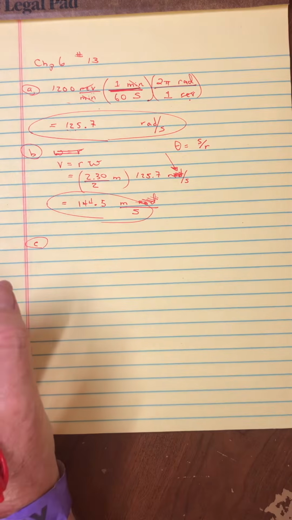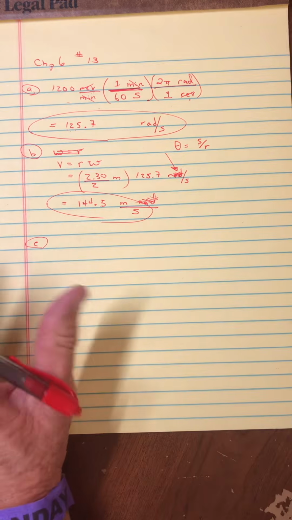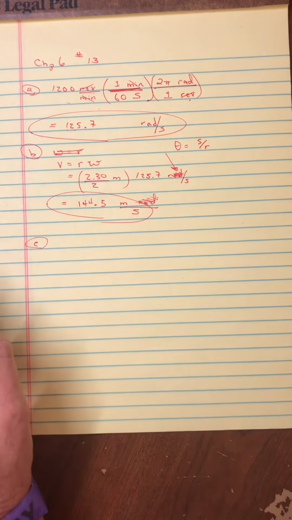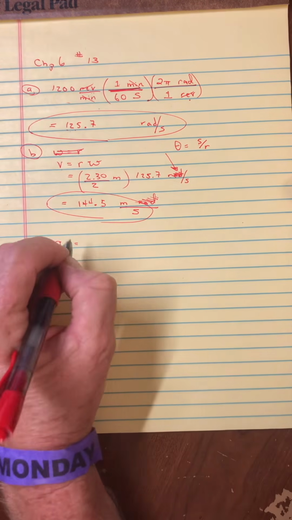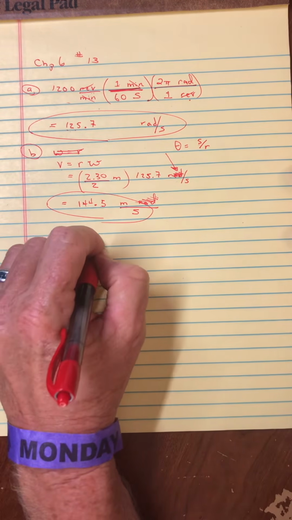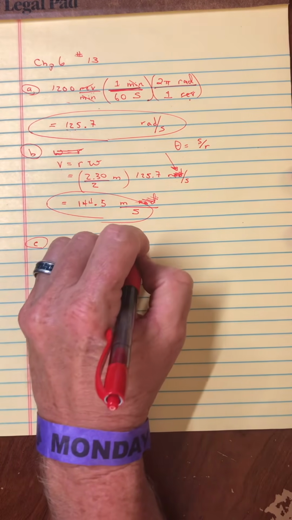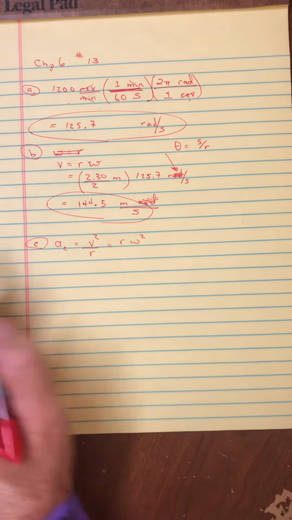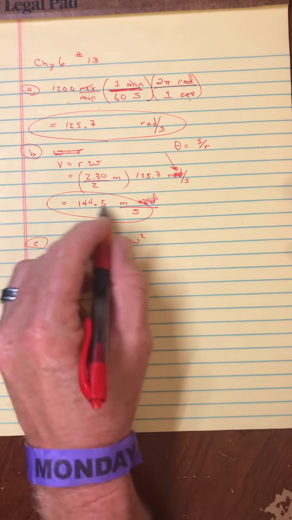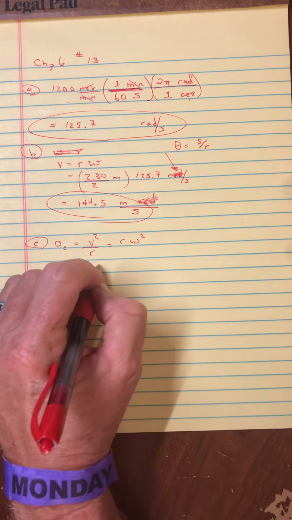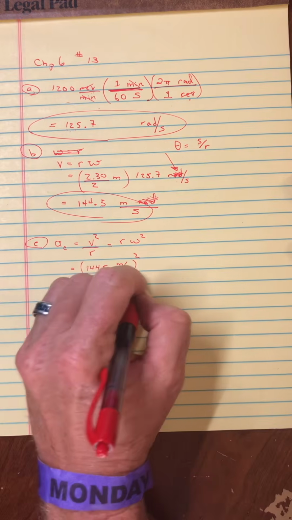C then, really getting kind of the heart into this chapter, is what is the centripetal acceleration of the prop's tip under these conditions, and calculated in meters per second squared, and also in multiples of g. So let's just go with the centripetal acceleration, which we can write as either v squared over r, or we can write it as r omega squared. We got both the omega and the v. Maybe I'll just use the v, 144.5 meters per second, and I'll square that.